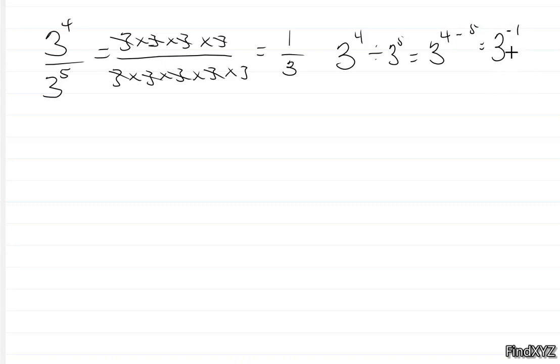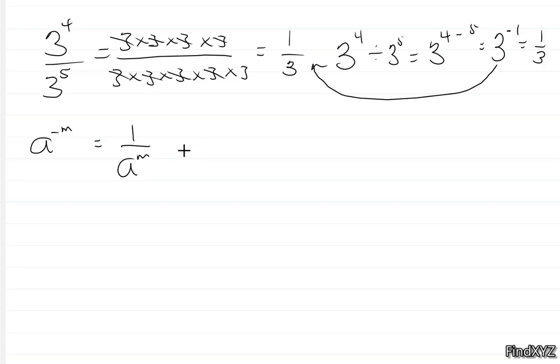Now it means that when we have 3 to the power of a negative number, it is giving us 1 over 3. What does this mean? It means that when we have a negative exponent, so let's assume I have a to the power of negative m, I can write it as 1 over a to the power of m. So what we do is swap and then change the sign of the exponent.